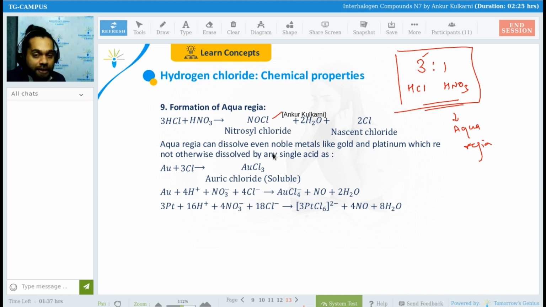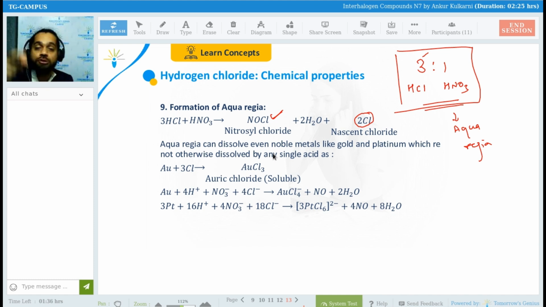So this is your aqua regia and this is your nitrosyl chloride. So what happens when you mix HCl and HNO3? Why does it become so strong? Because you get nitrosyl chloride and you get nascent chlorine. That is the reason it dissolves gold.